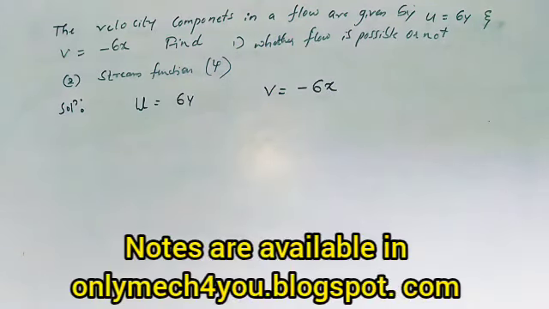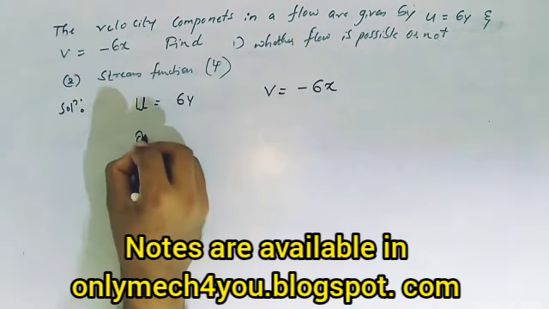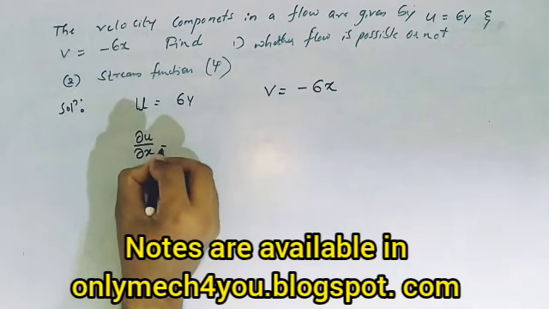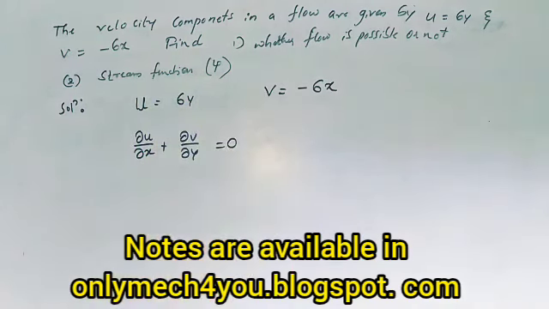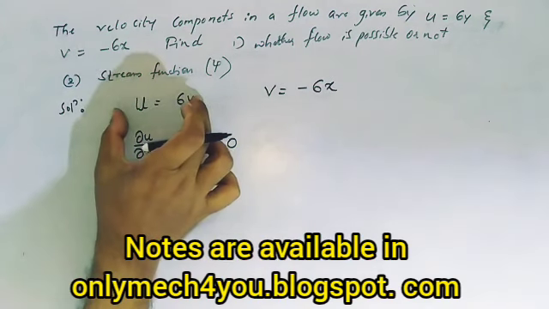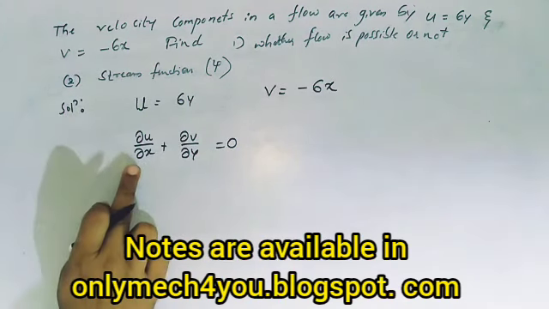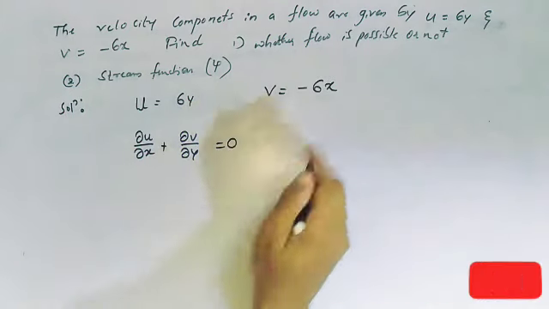Now, for the continuity equation, we know that dou u by dou x plus dou v by dou y will be 0. So let us partially differentiate the u term with respect to x and the v term with respect to y.